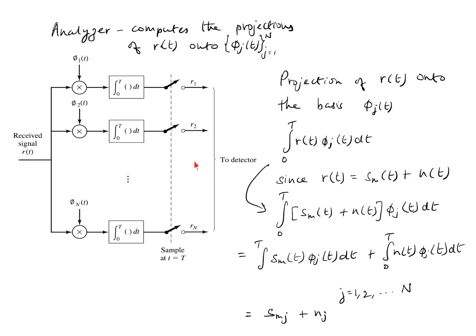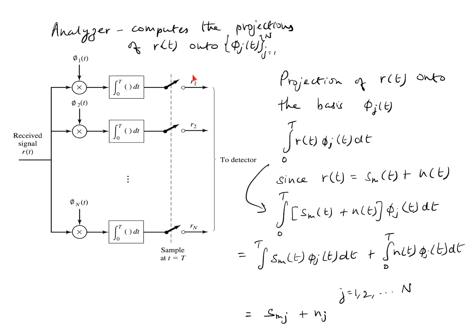Since we have n projections, we have n parallel cross correlators, right? They compute the correlation between the received signal and the basis function, which is nothing but the projection of the received signal onto that particular basis function.